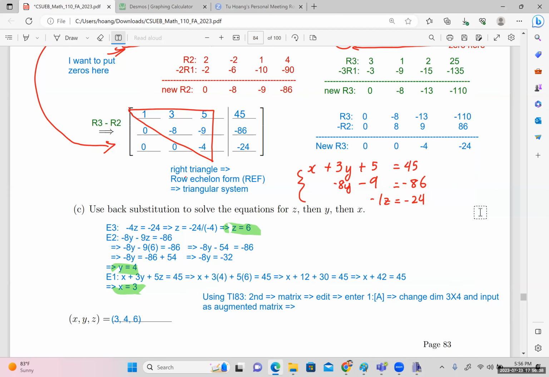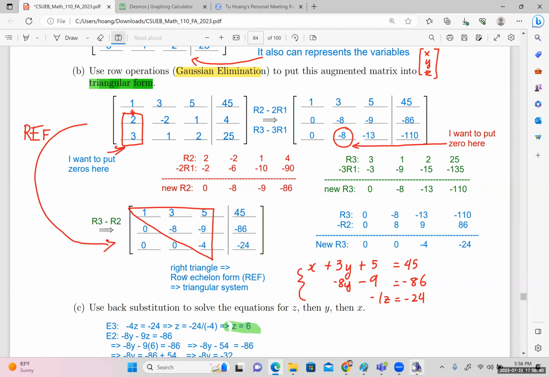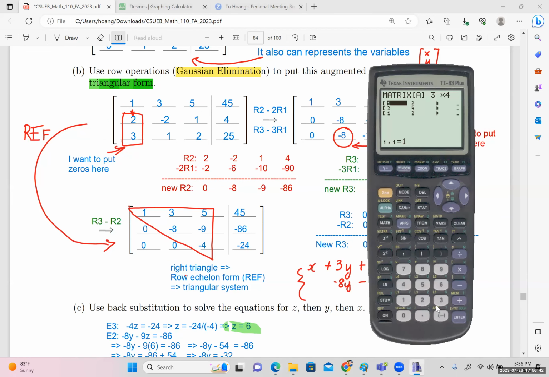So let's input all this, right? So we have 1, enter, 1, and then 3, 5, 45, enter, and then 2, -2, 1, 4, 3, 1, 2, 25, right?